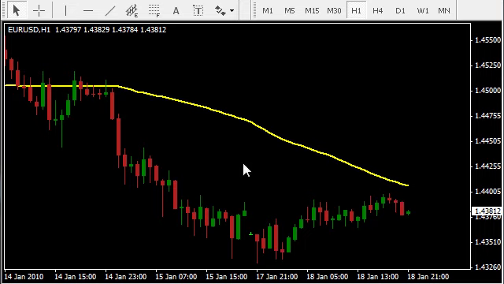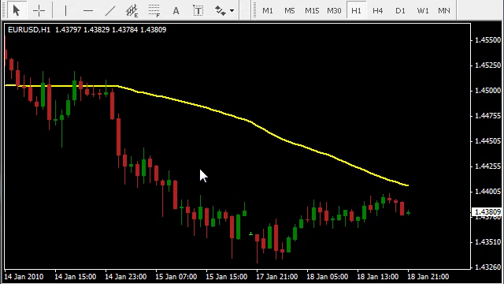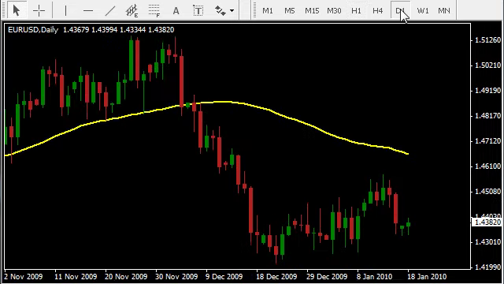So you've got to make your own decision on what moving average you're going to rely on, and it really depends on whether you're a swing trader, which means you might hold trades out on the daily time frame and be holding trades for days and looking for a break below a moving average like this.